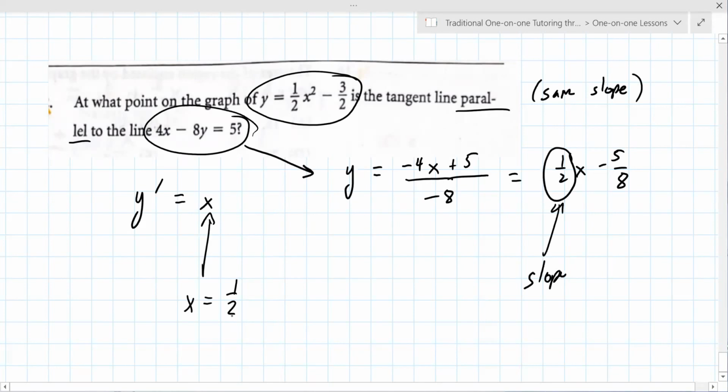Now if you were to look at the answers, you would see that there are actually two answers that have 1/2.